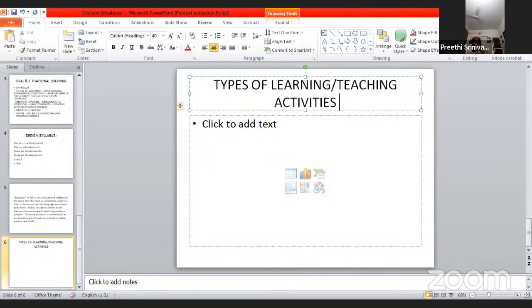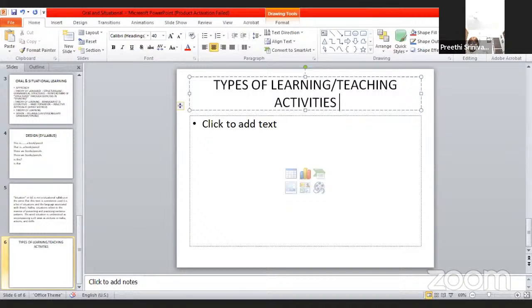You cannot have one without the other. So teaching is being done, learning takes place. So as we said earlier, the types of learning, you have the drill based, practicing again and again. And I've explained what is meant by situation, objects, pictures, realia, gestures, right?